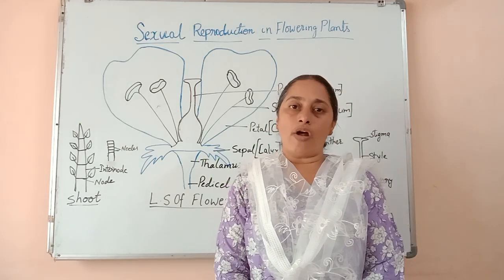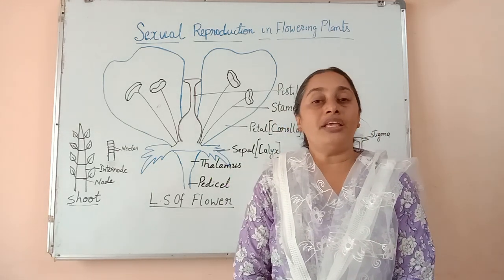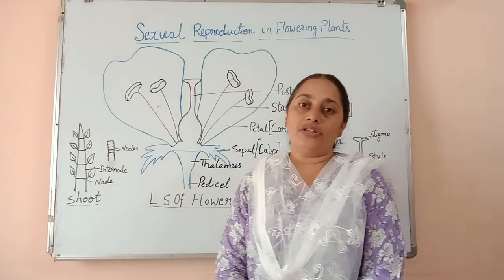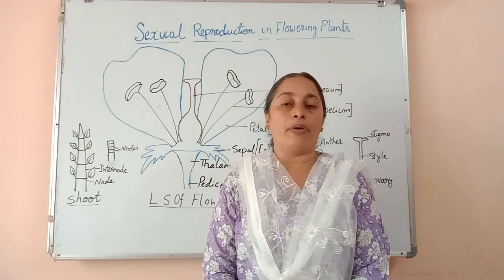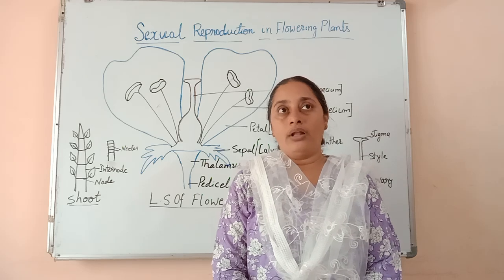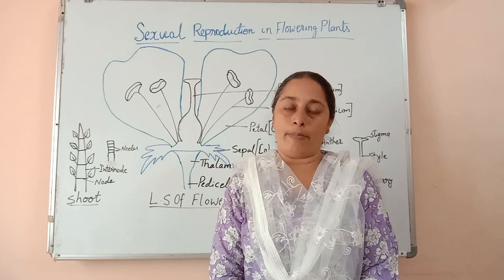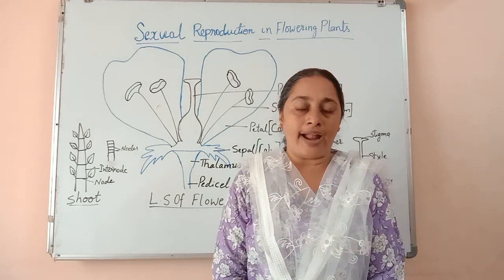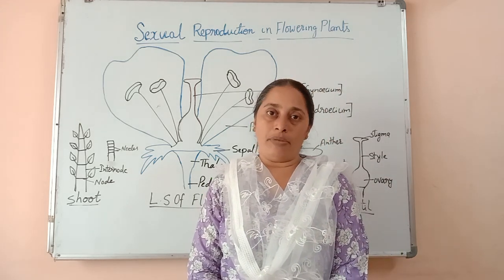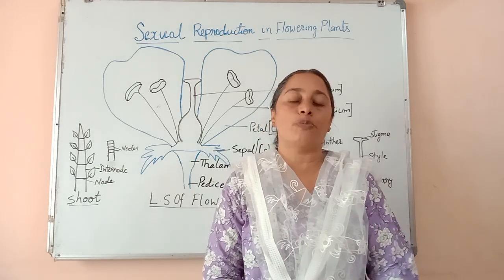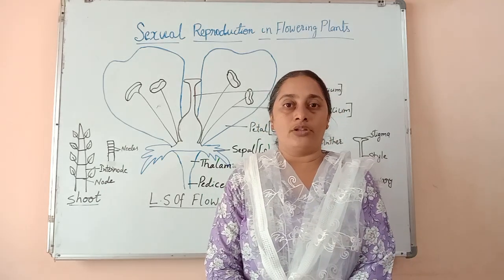So, in lower organisms, we see that these male and female reproductive sex cells are going to be produced in specialized structures like Antheridium for male reproductive structure, and then Archegonium as female reproductive structure in the lowermost plants like algae, bryophytes and all.